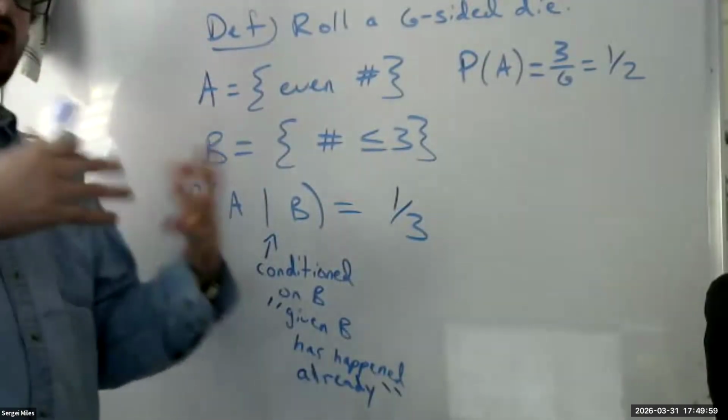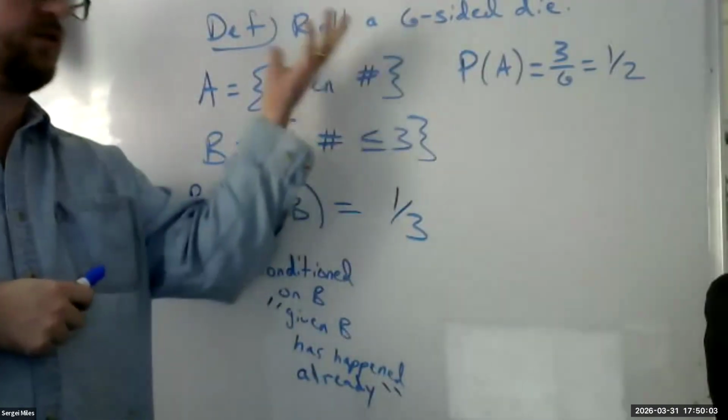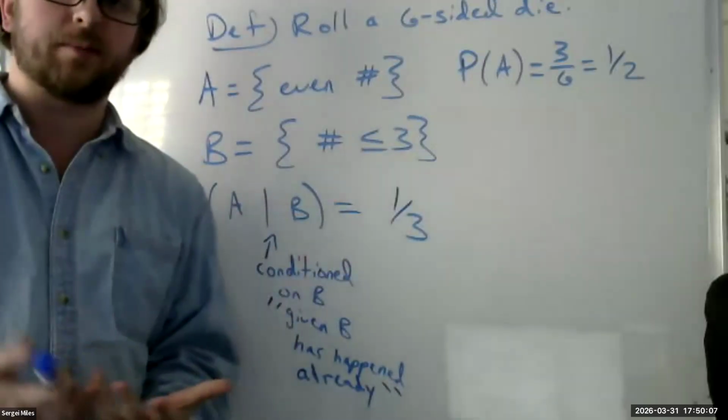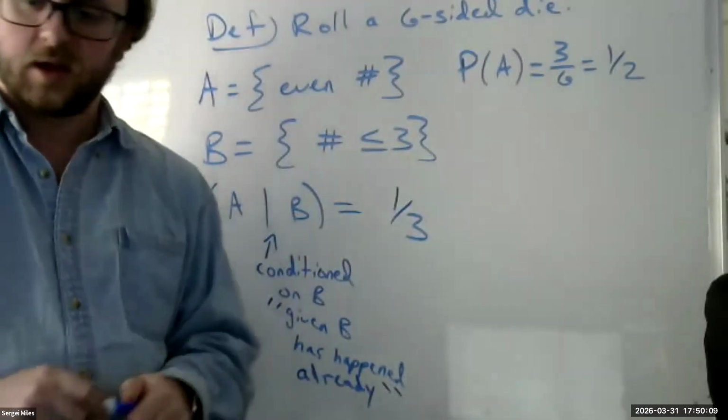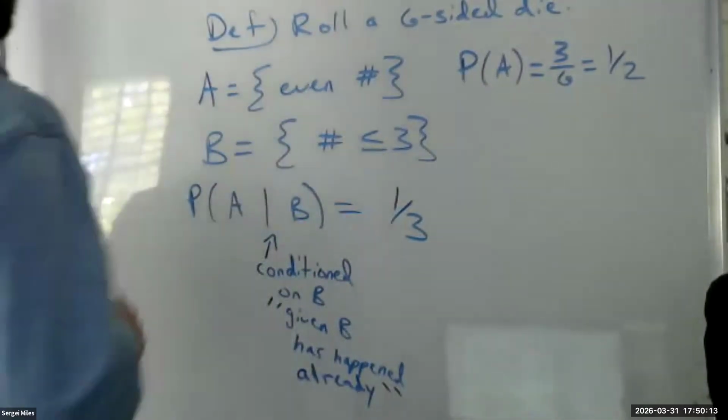But if it's a larger example, or if the events are too big, or if I have too many sample points to think about, then how do I find conditional probability? What's my formula here? For conditional probability, I'm going to erase some of this now.